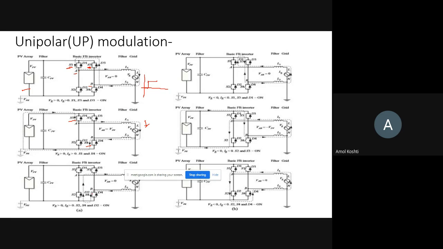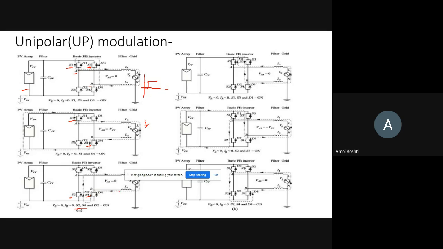Then again, two switches from the two different legs, which are not diagonally opposite, S2 and S4, are turned on. How will the current flow here?